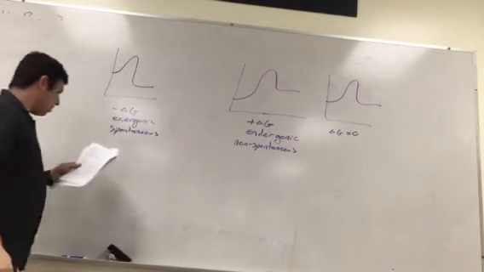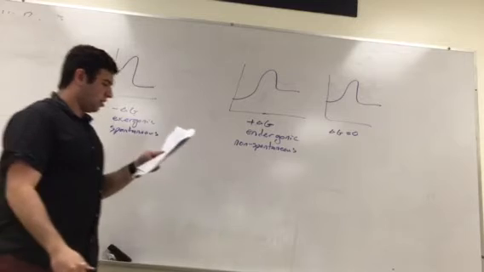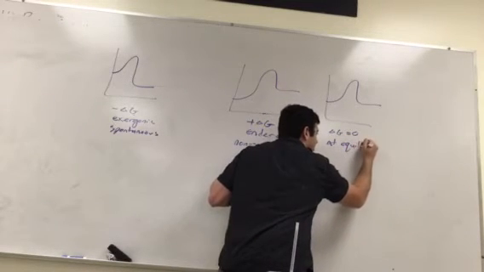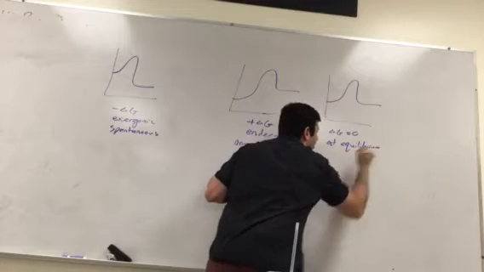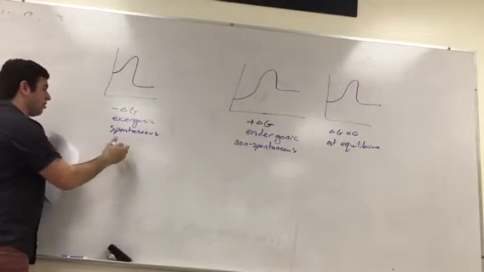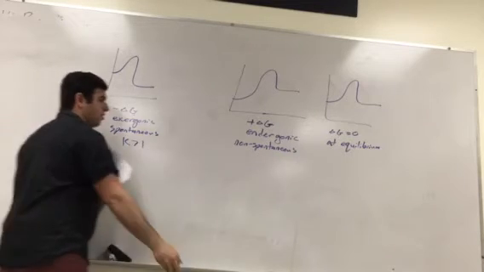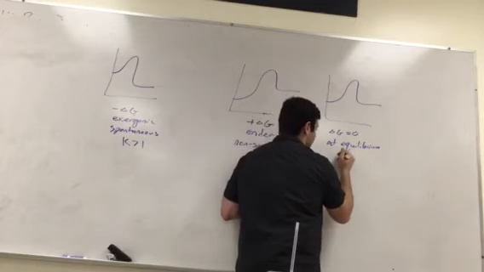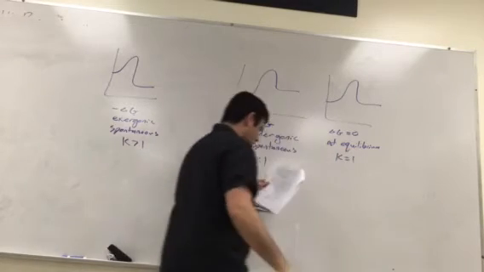And then this is at equilibrium. Is K greater than or less than 1 here? Greater than 1. This is less than 1. This is K equal to 1.